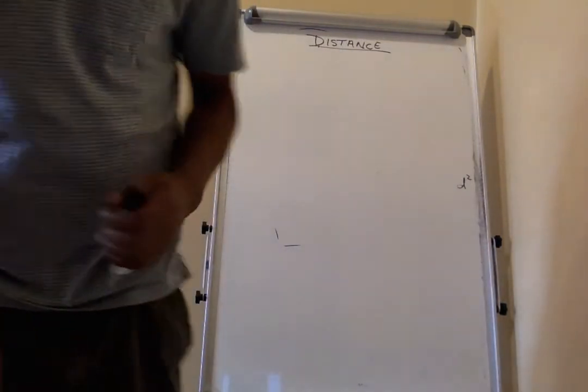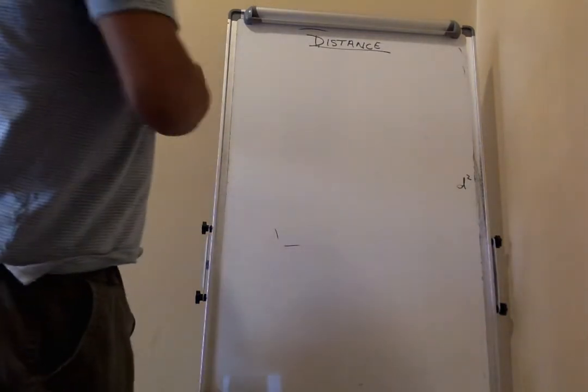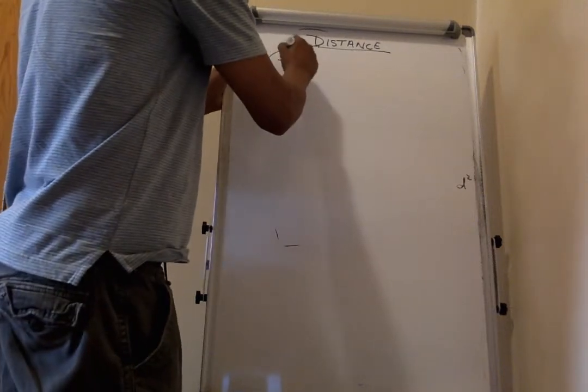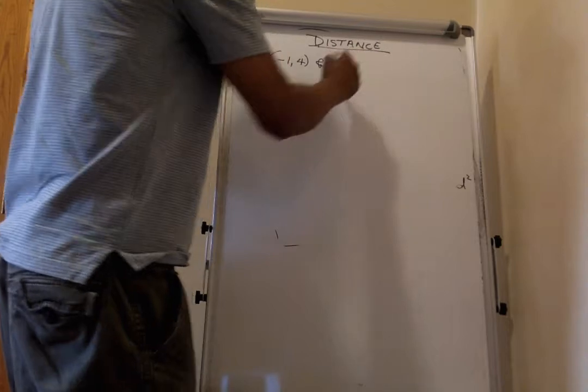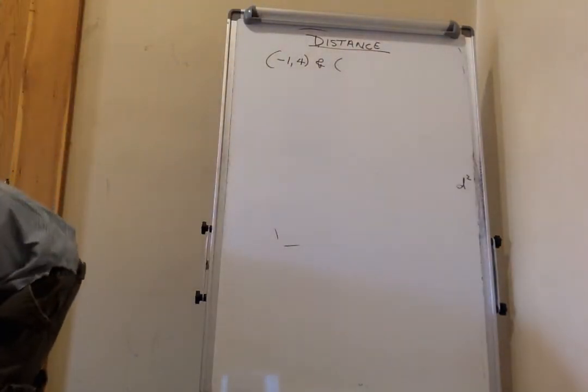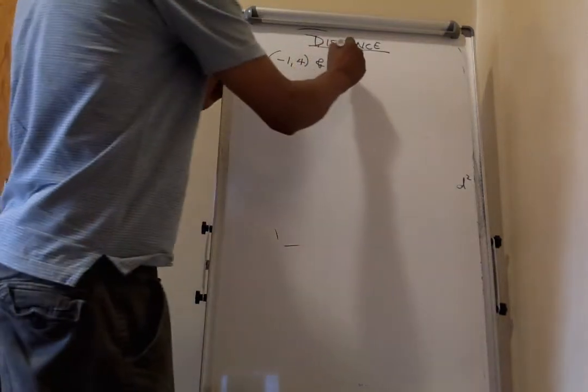Now, if you are asked to find the distance between, let's say, -1, 4, and let's say 3 and -2.